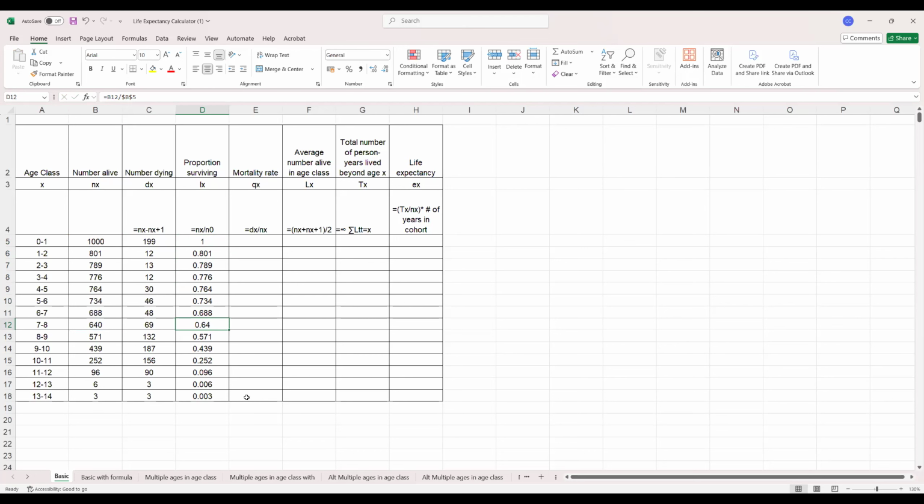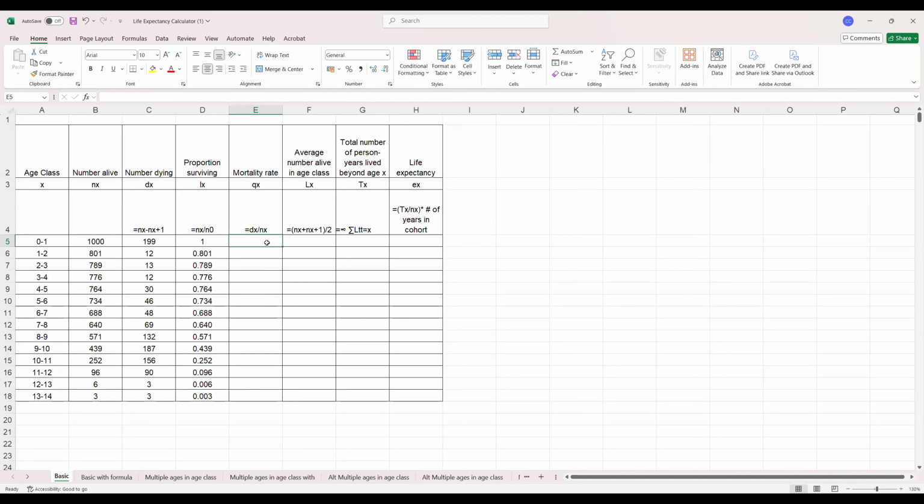Okay? So again, for this one, it could be in percentage, it could be in decimal, it's up to you. Usually, for proportion surviving, for L sub x up to T sub x, from publications, you usually see 3 decimal places. So, yun.